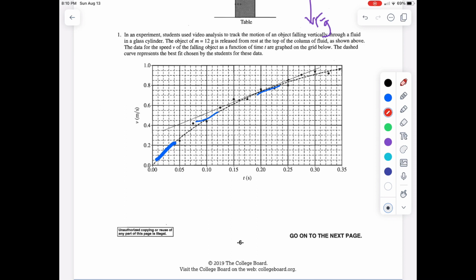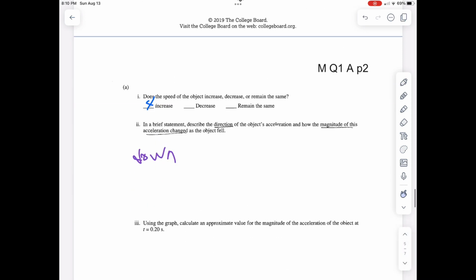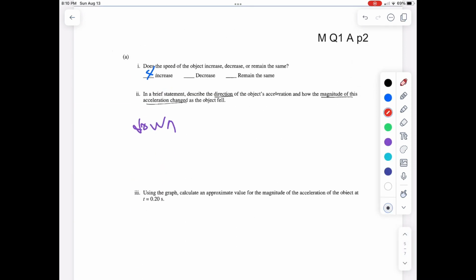But we also know that my acceleration, if I was to graph it, would be positive but decreasing, because the concavity, which is based on the sign of the second derivative, is concave down, so my second derivative is negative. That shows me that my first derivative, which is acceleration, is decreasing. So that's just another way we can think about our magnitude of acceleration changing. So I'm just going to write decreasing.